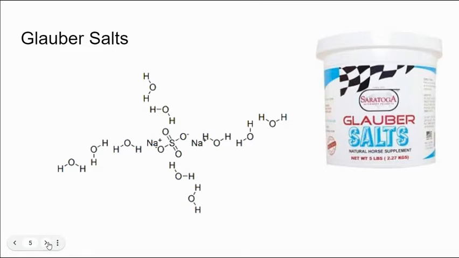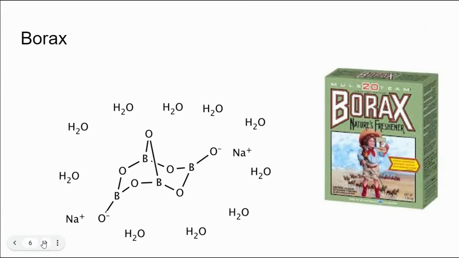Okay, another example, Glauber salts, which is a natural horse supplement. For your horse health, all of your horsing needs, this is a compound comprised of sodium sulfate, surrounded by several water molecules that get trapped in the lattice. Okay, borax.